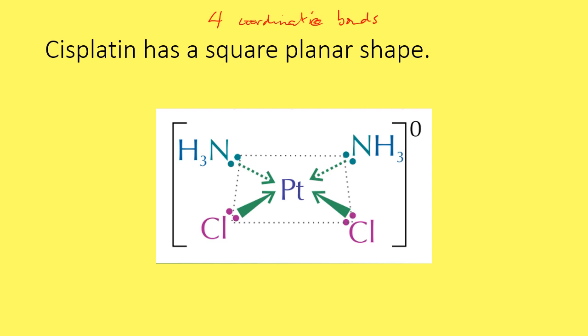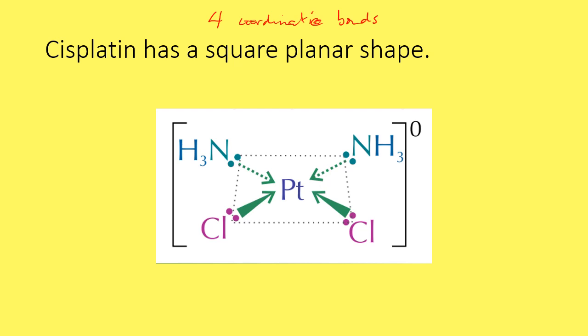Cisplatin is a cancer drug, and it's got a platinum central ion, and it's got coordination number 4. So 2 of the bonds are to chloride ligands, and 2 of them are to ammonia ligands. In cisplatin, the 2 chloride ions are on the same side of the molecule, and obviously the ammonia ligands have to be on the same side as well.